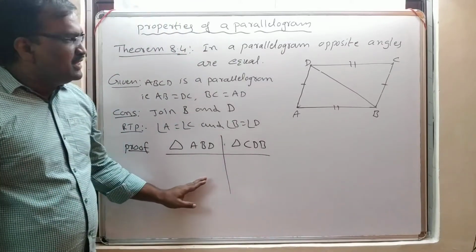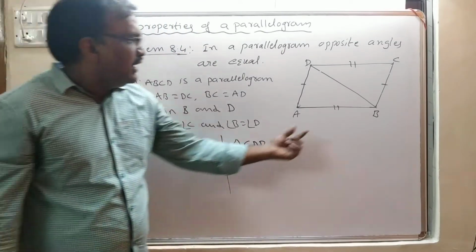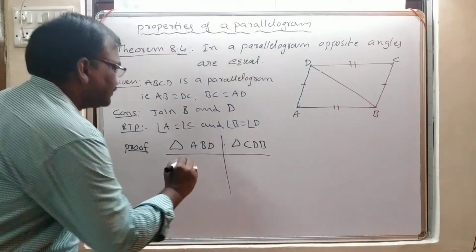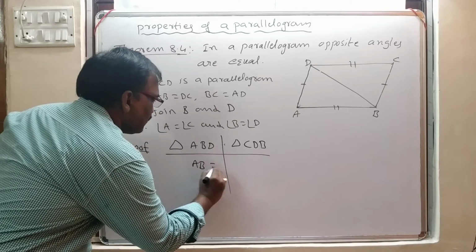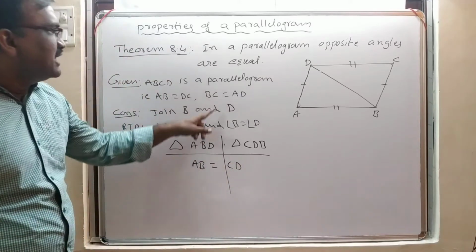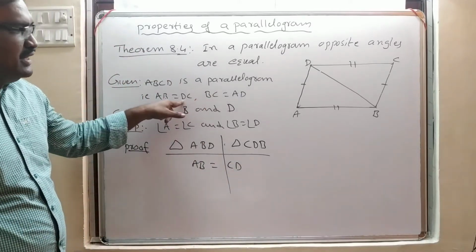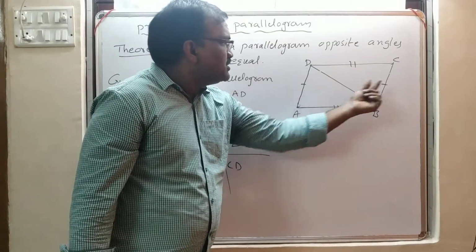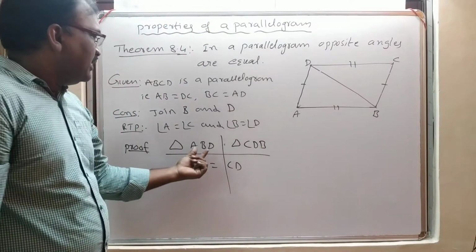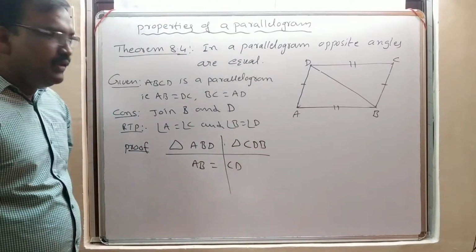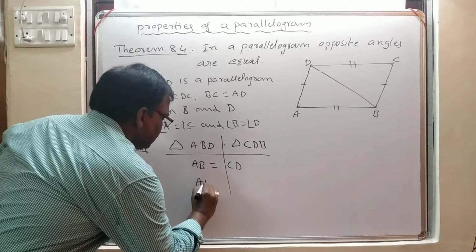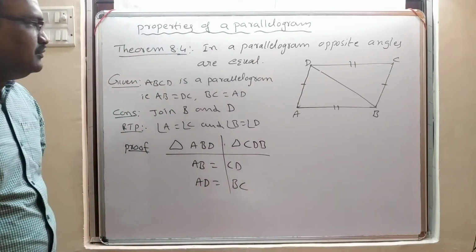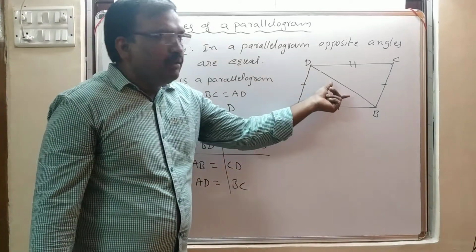Observe these two triangles. What are equal? AB is equal to CD, that is given. Next, AD is equal to BC. And one more, BD is equal to BD.